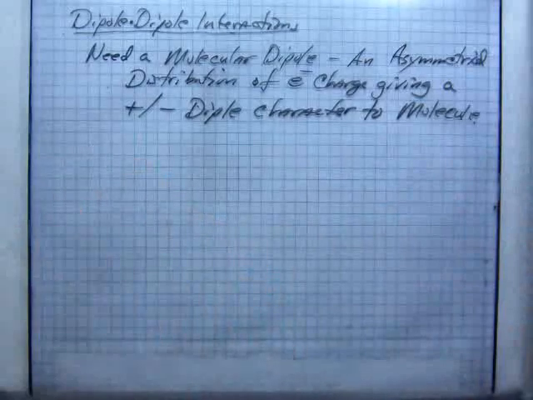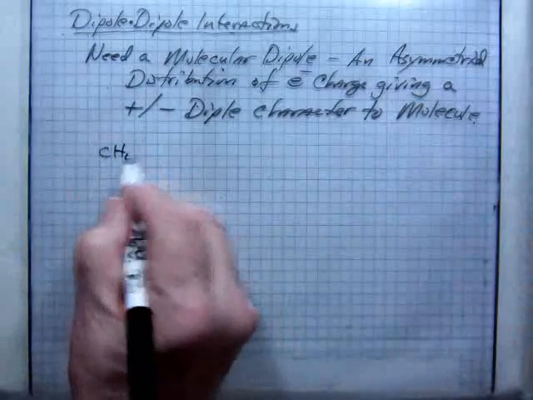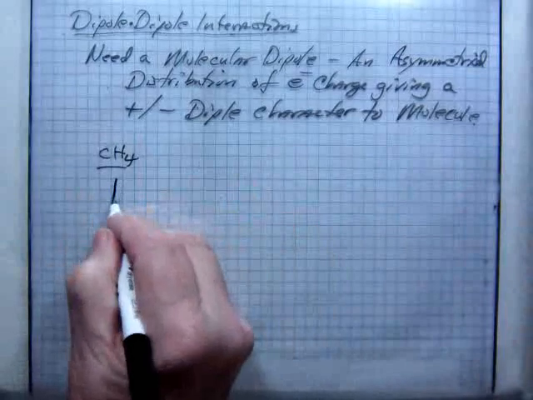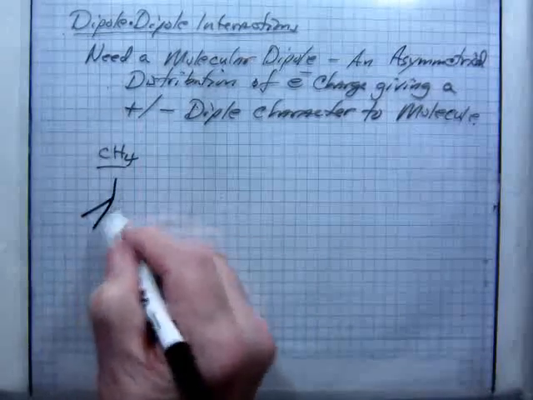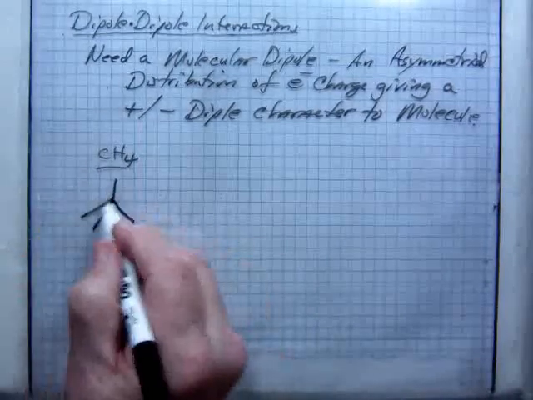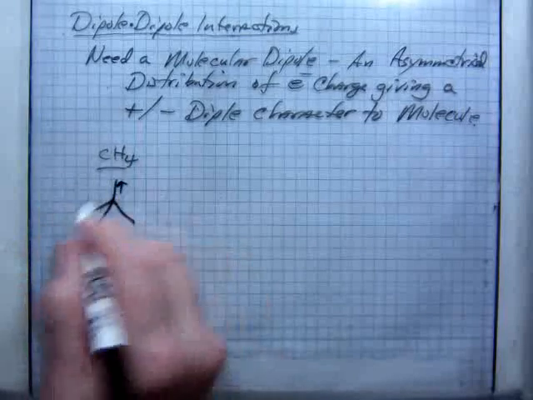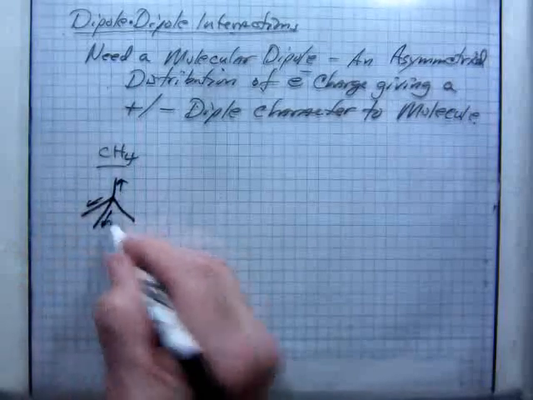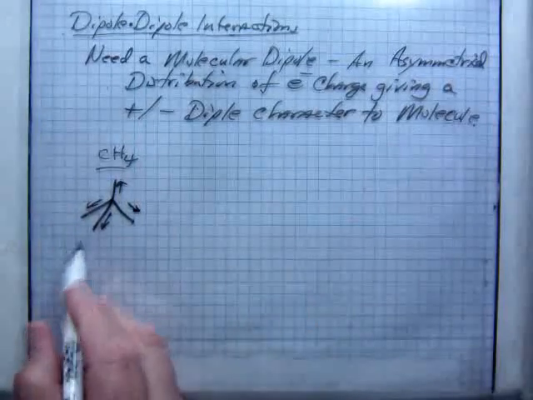To illustrate this as a non-dipole, say methane, we know that it has a tetrahedral geometry and it has a symmetrical distribution of charge along the bonds associated with it.